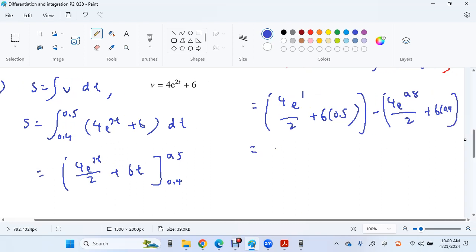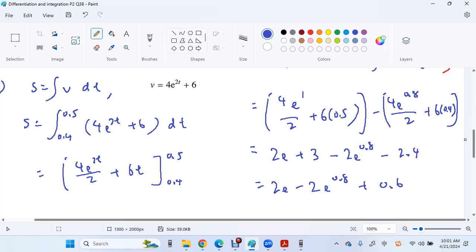So this one will be 4e over 2, that is 2e, plus 3, minus 2e^0.8 minus 2.4. Then it is 2e minus 2e^0.8 plus 0.6.